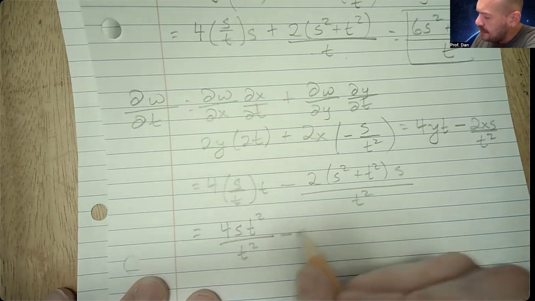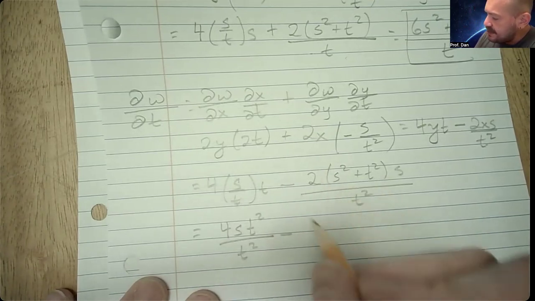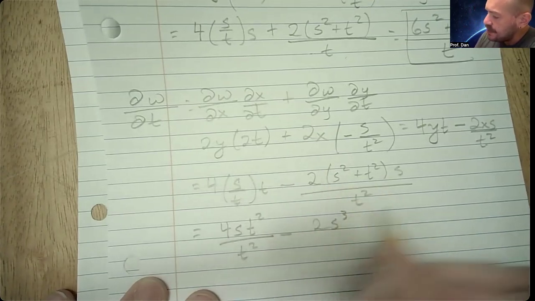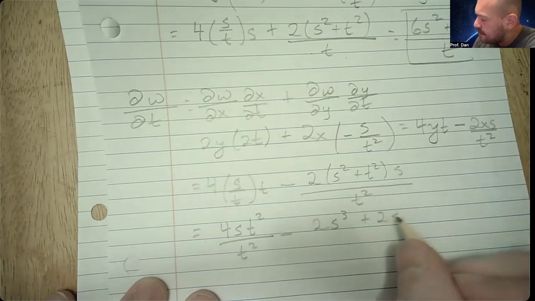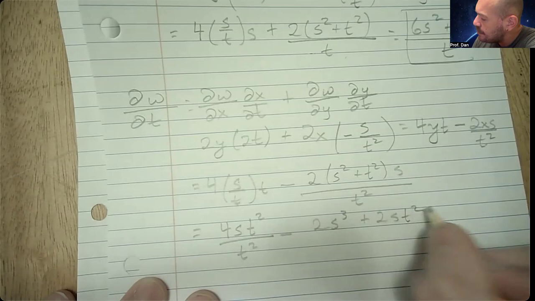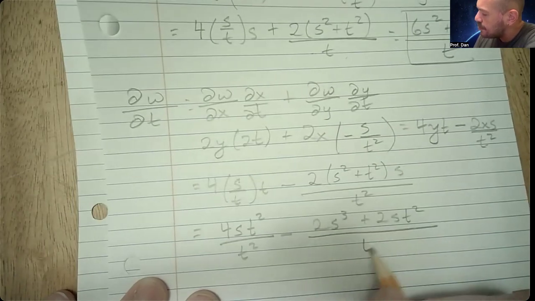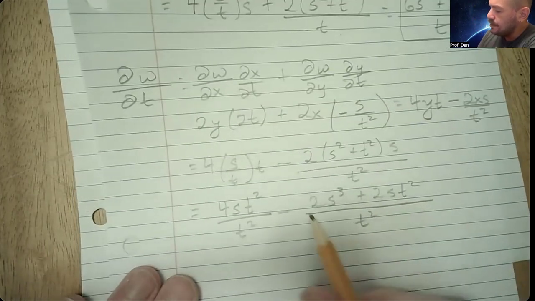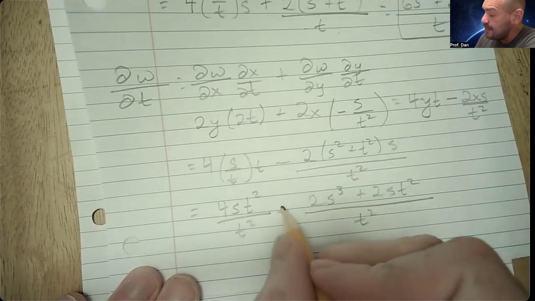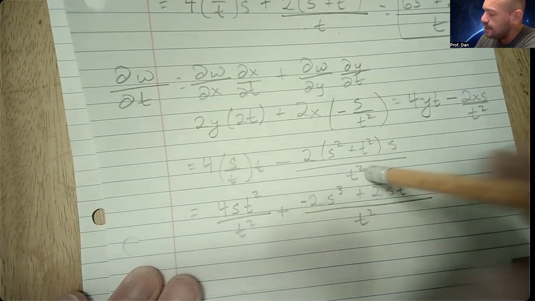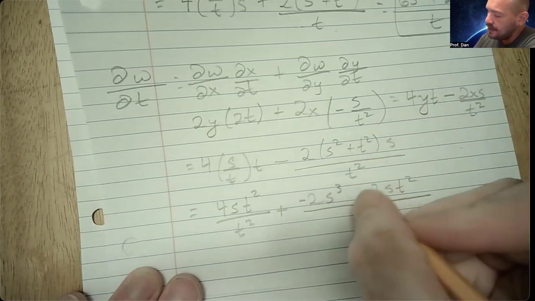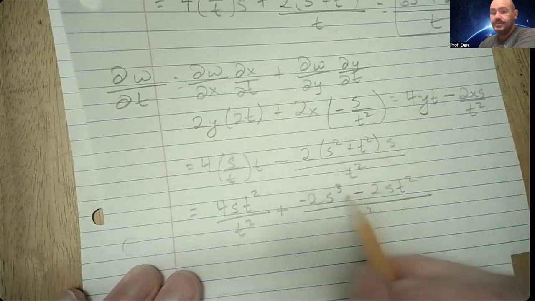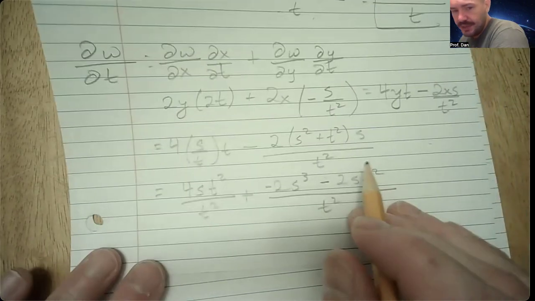Yeah. And then if I distribute the 2s, I end up with 2s cubed plus 2st squared over t squared. And this minus technically means that I could write that as plus and then change the sign on these terms, which would be helpful.